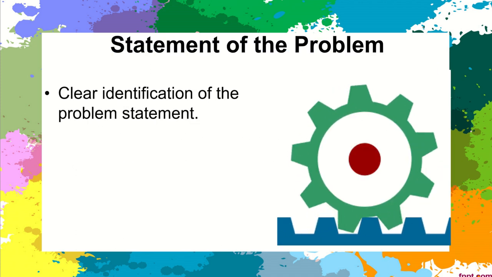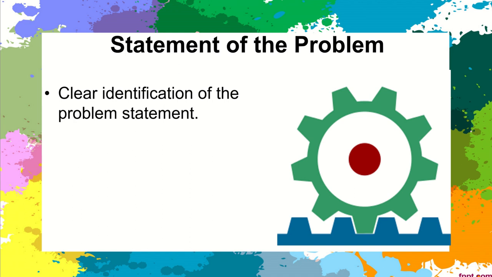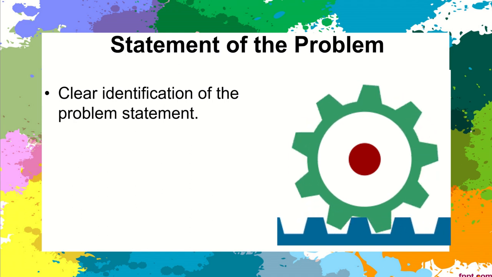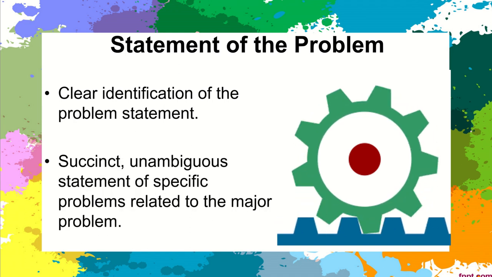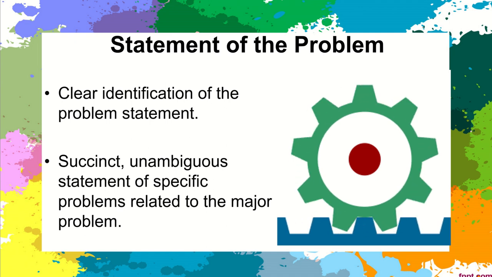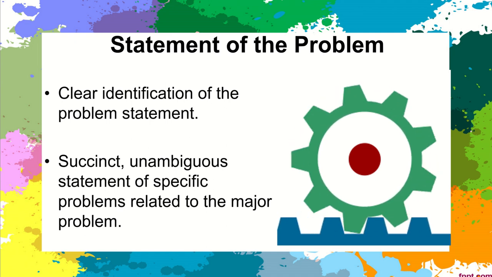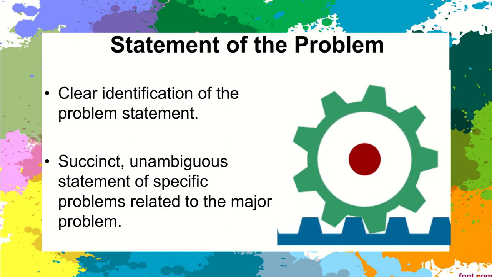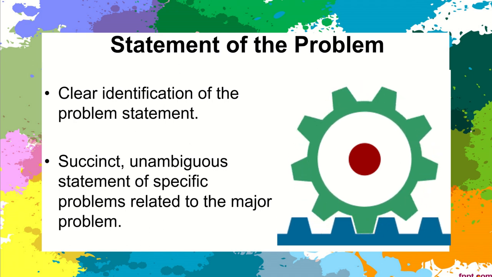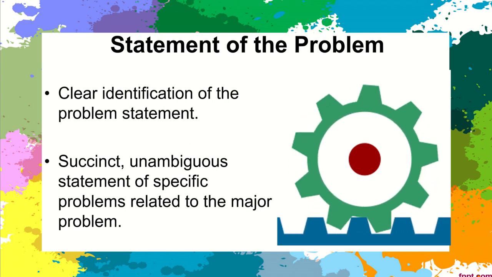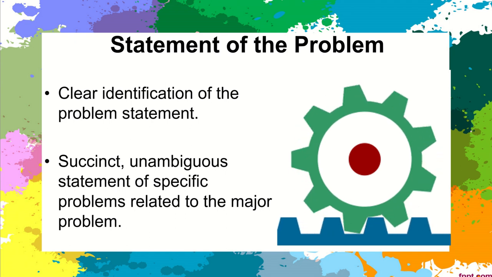Next, you have the statement of the problem, the second section of the introduction under chapter 1. So, clear identification of the problem statement and succinct, unambiguous statement of specific problems related to the major problem. In my previous discussion, I already discussed how you're going to state your SOP.